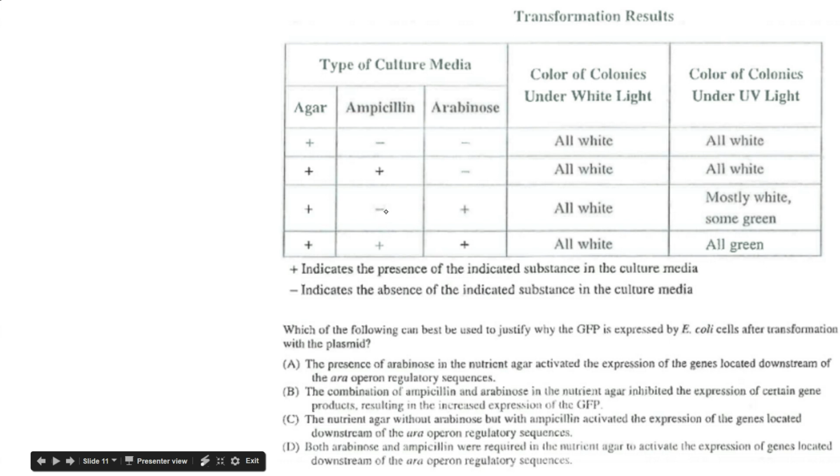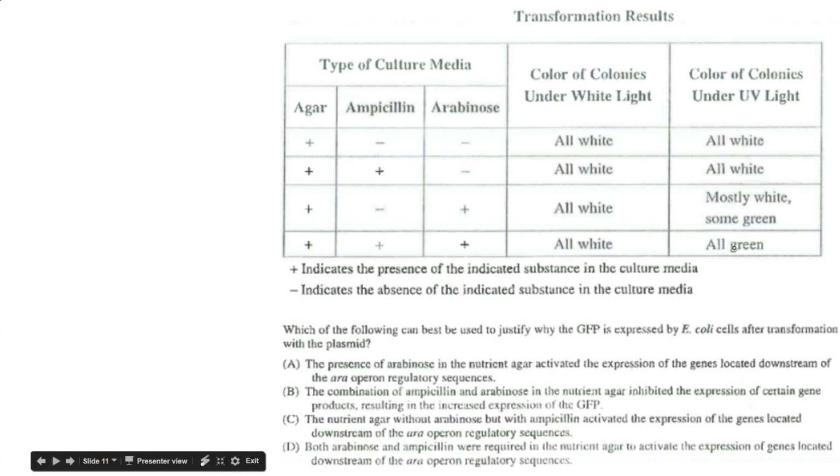This next one, there's no ampicillin, but there is arabinose. Under white light, they're all white. They would only be green under UV light, but we have some green, but mostly are white here. Now, in this situation, you have ampicillin and you have arabinose, and they are all green.